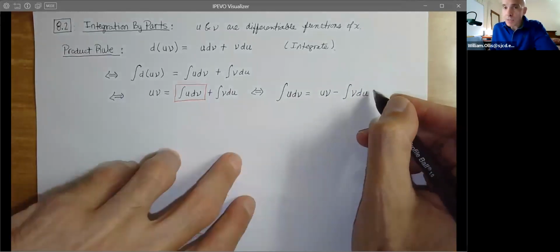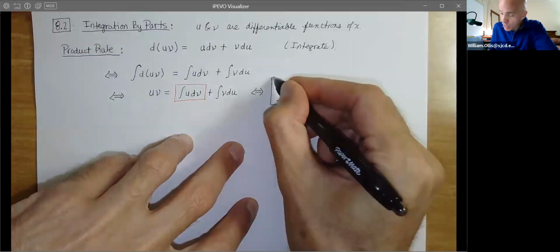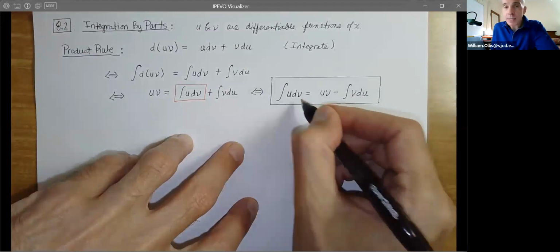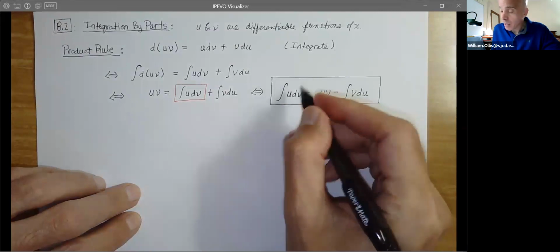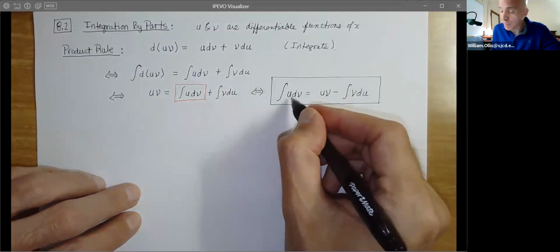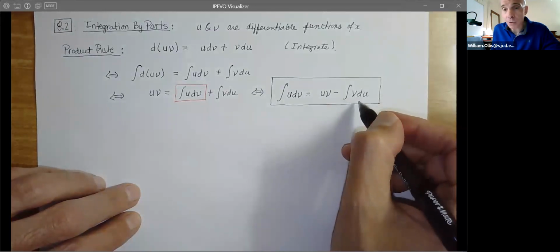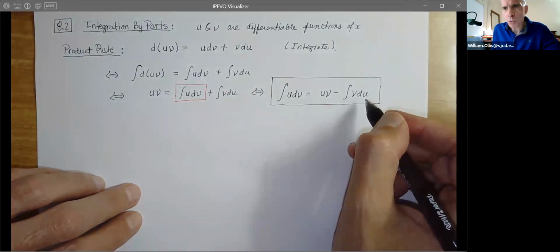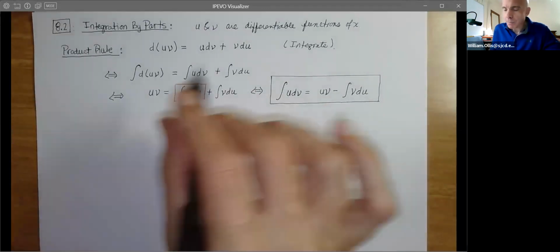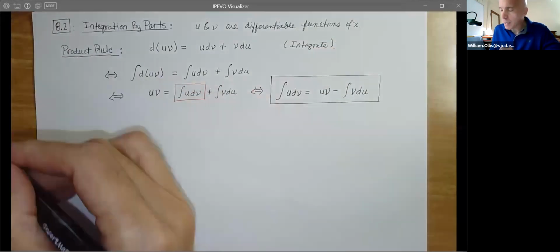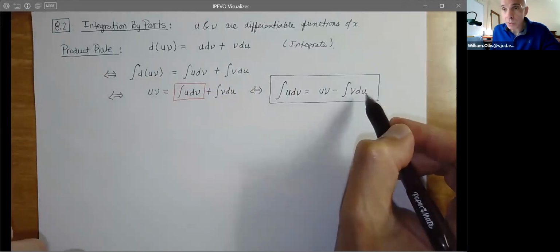Now, this is what I'm talking about when we discuss integration by parts, the parts being, in this case, the u and the dv. So you're actually assigning particular parts of the integral to be u and dv, and then computing the right-hand side here. And you might say, well, what's so great about this? Well, the idea here is that by integrating by parts, so to speak, you actually produce computations over here that you can do.